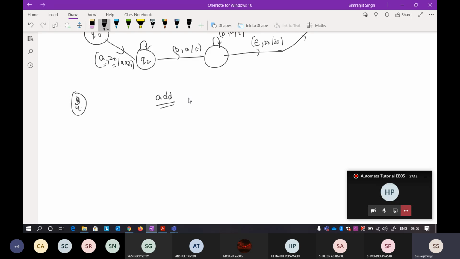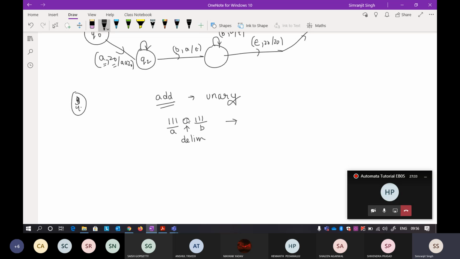In this particular problem we only use a unary input. Unary input means that only ones will be used, and I will separate them with a delimiter or separator. I will say this is my a and this is my b, and I want to add both of these inputs.